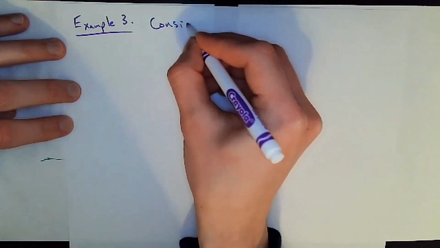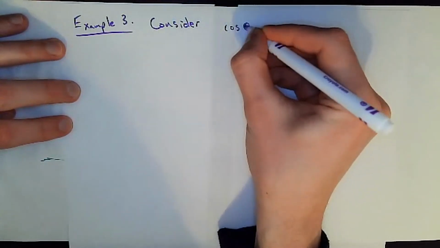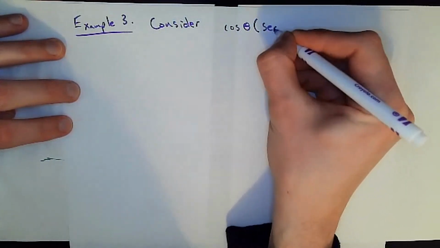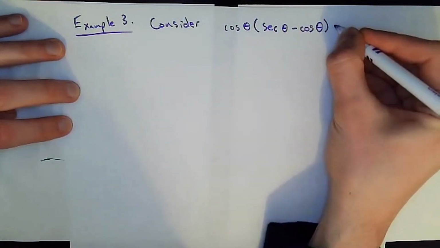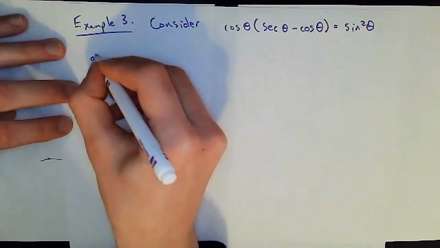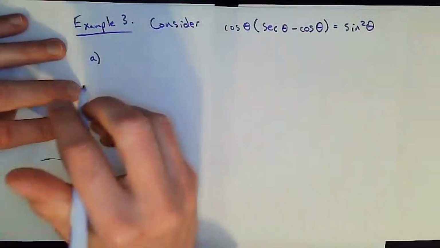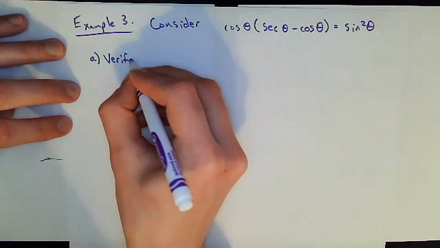So let's consider the equation cosine of theta times secant of theta minus cosine of theta should be equal to sine squared of theta. Now, what's the question? Because that's the identity. The instruction is to verify.